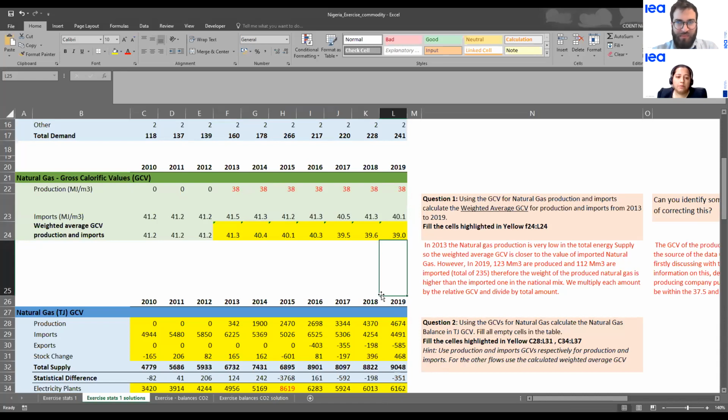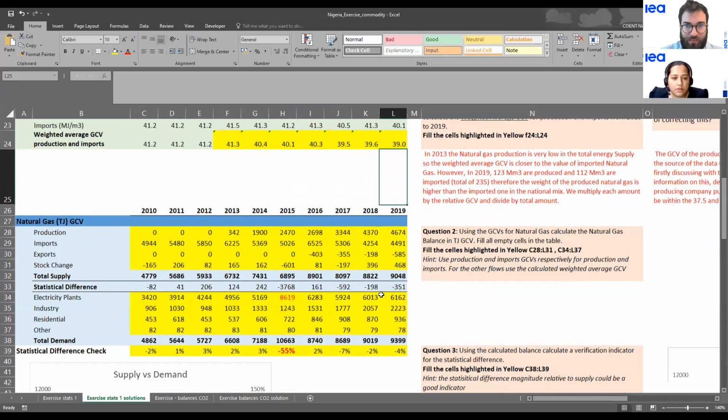So it's very important to make sure that data counterparts share the calorific values information, in addition to the production or consumption quantities. So that was the first question.